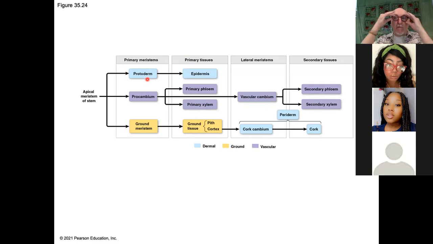Unless we're looking at an annual without any secondary thickening, the protoderm is lost and replaced by the Cork Cambium, which produces the cork, and the epidermis sloughs off. So this gives you a summary of the origin and the fate of these different tissues.